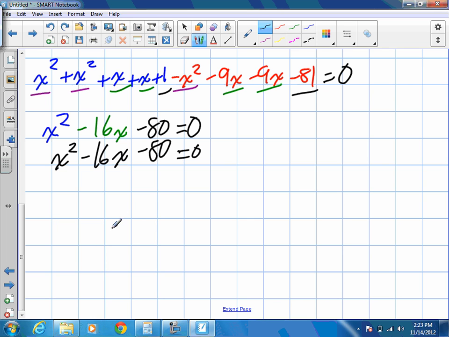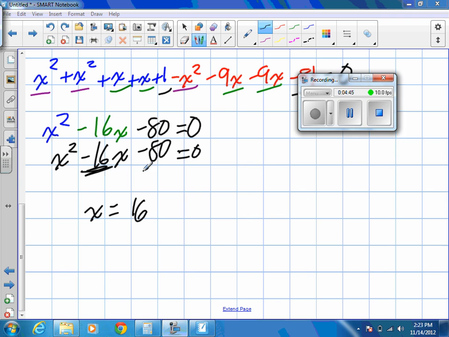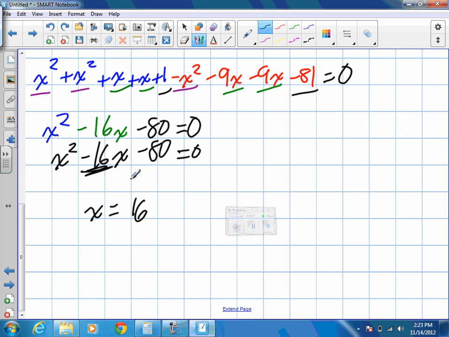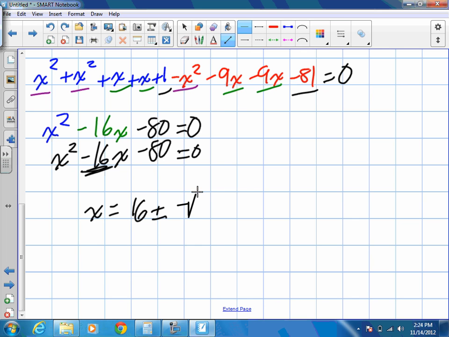So x is equal to negative b. Well, we have negative 16. What does that become? Positive 16, right? Because this term's already negative, and we have to turn it negative. So our b term being 16, plus or minus, what is negative 16 squared? 256.